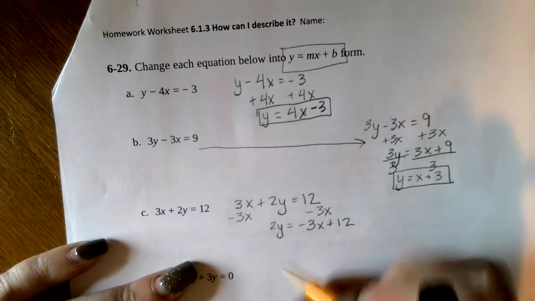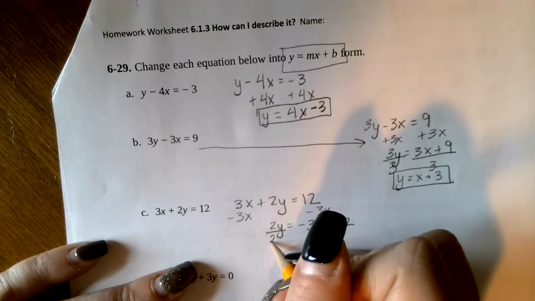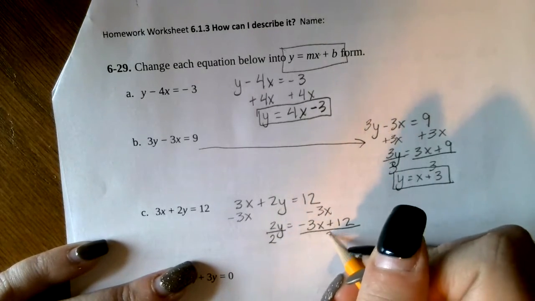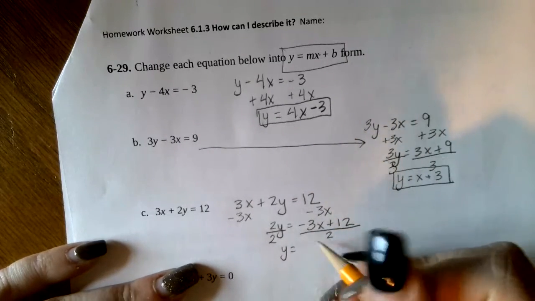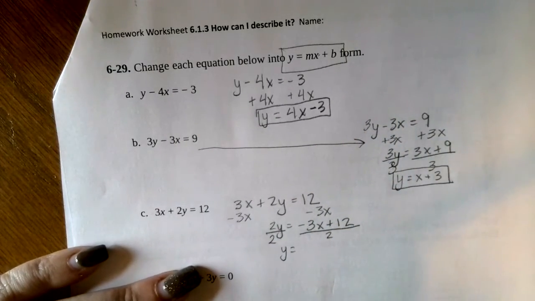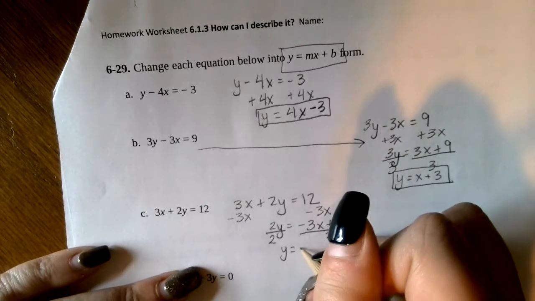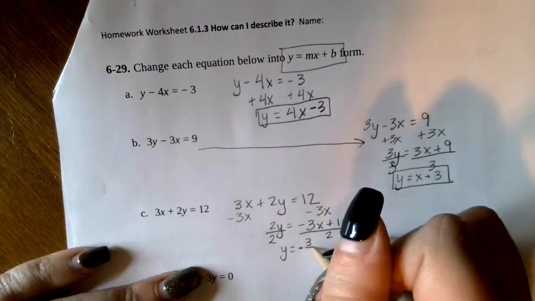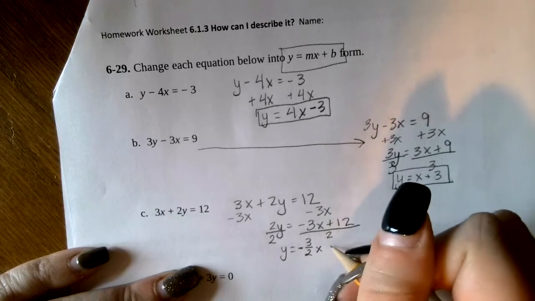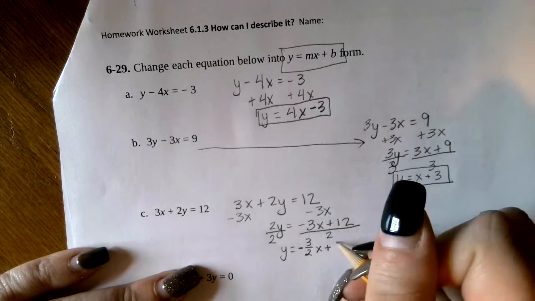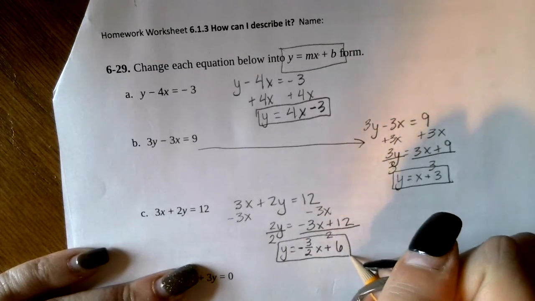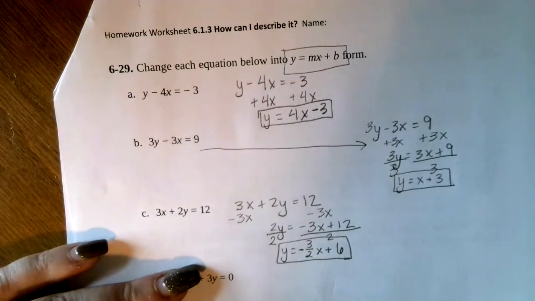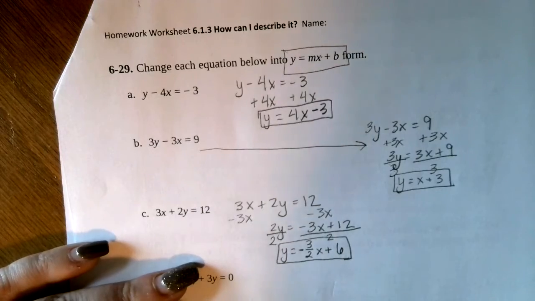Lastly, my y's aren't alone yet, so I'm going to divide by that coefficient in front of my y, leaving me with y equals, now 2 doesn't go into negative 3 nicely, so we're just going to leave that as a fraction. We're just going to say negative 3 halves x. Now 2 does go nicely into 12, right? That would be 6. So we can just take care of that. Now there is our new equation. y equals negative 3 halves x plus 6.